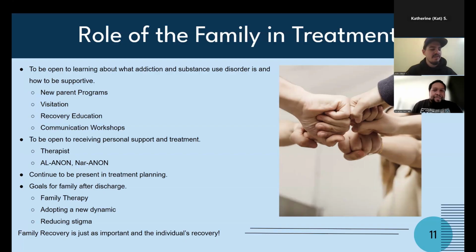I will go over the crucial impact that the family plays in SLEs with the role of the family in treatment. And I'm also going to go over some of the challenges and barriers. So, first off, the role of the family in treatment: to be open to learning about what addiction and substance use disorder is and how to remain supportive.